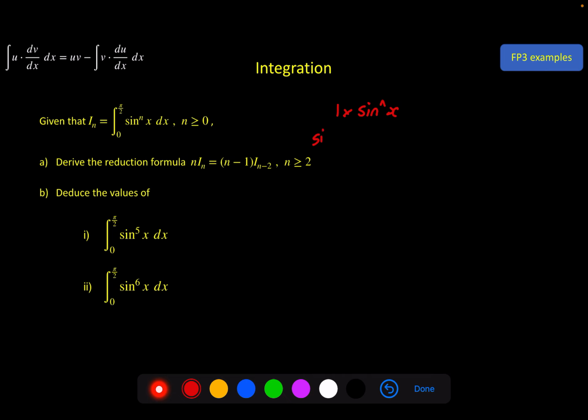But if you can do that, then you could also do sine x times sine to the n minus 1 x, or sine squared x times sine n minus 2 x, or sine cubed x times sine n minus 3 x, and you see where I'm going with this. Once you realize that you can force this to be a product of two things, suddenly you realize as well that you've got many different options. And not all of these are going to give you the answer you want, because many of them you'll just get stuck in a whole lot of maths that just doesn't work in terms of actually getting a reduction formula at all.